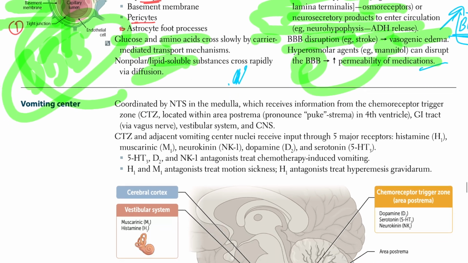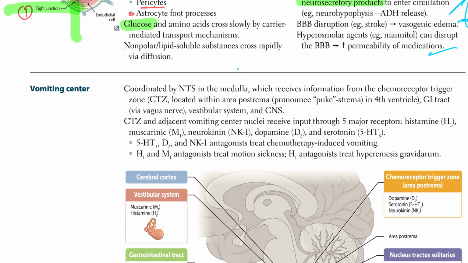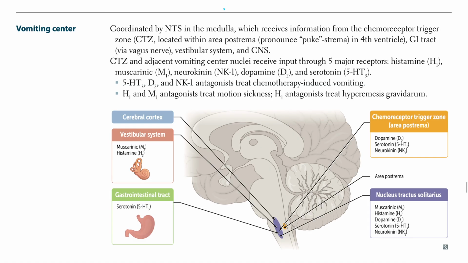Now let's review the vomiting center, high yield. The vomiting center is coordinated by the NTS. What is the NTS?